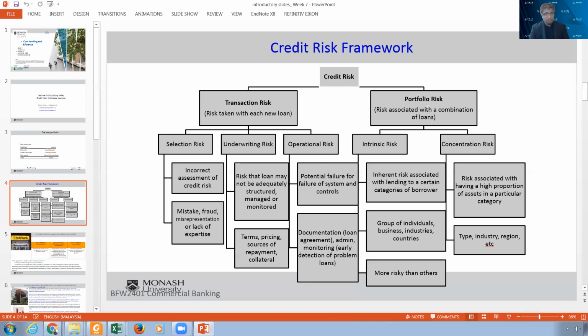Now, when we go to the portfolio risk, maybe everything is fine here, but you take on intrinsic risk. For example, you invest in some types of businesses that have their own risk, such as when you make huge investments in oil.